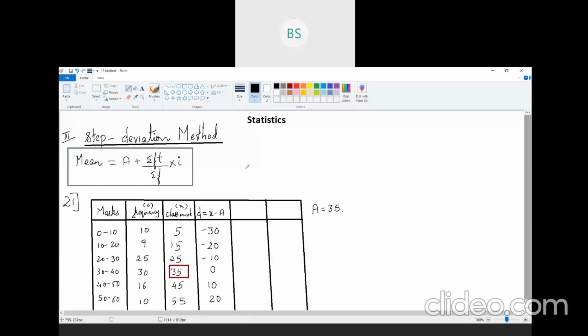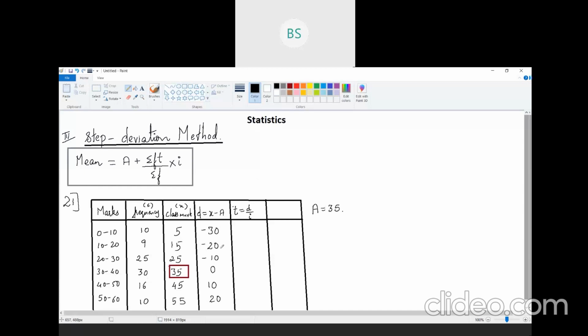Now here we have one extra column where we have t. Okay. So t is given by d divided by I. Now I is the common difference in D column.